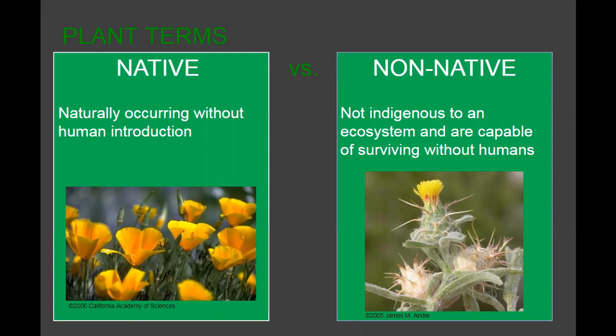A good example of this is horehound. It's an herb in the mint family, and it came from Europe. You'll see it growing in Temescal, Franklin Canyon, and so many of our parks in the Santa Monica Mountains. It grows in harmony with its plant neighbors. It's not trying to outcompete the plants for space, nutrients or water, and it does not spread aggressively. That would be an example of a non-native.